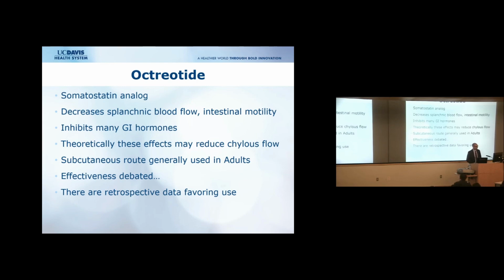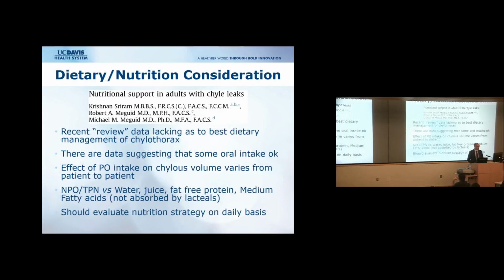So I think the bottom line for octreotide use in the setting of chylothorax is that there is enough information to justify trying it, but you need to quantify the response and then use it only if it seems to be helpful. Now, the other thing we needed to talk about is the nutrition and dietary considerations.